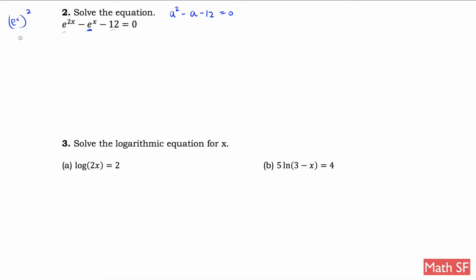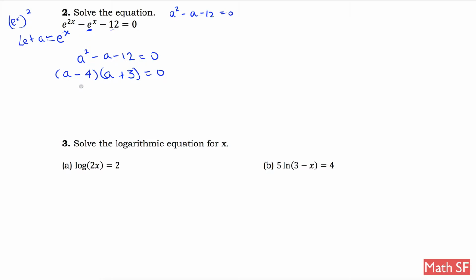You can say, okay, let a be equal to e to the x, so we will actually get this function here. We will get a squared minus a minus 12 equals 0. We just do this artificial thing so we can solve this quadratic equation. Now by factoring, we'll get a times a gives me a squared, and to give me negative 12, I should have a negative 4 and a positive 3.